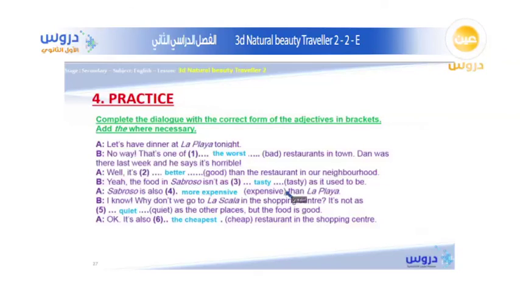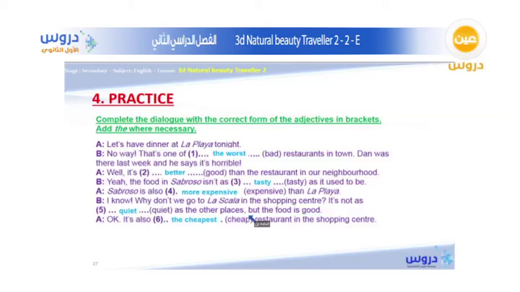Next is also here. We have long, expensive. So you have to write more expensive than. Yeah, I know, why don't we go to the club in the shopping center? It's not as spacious as. If you see as spacious as, you have to write the same adjective without any change.